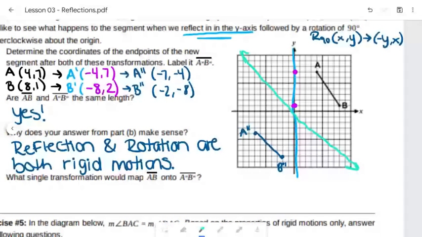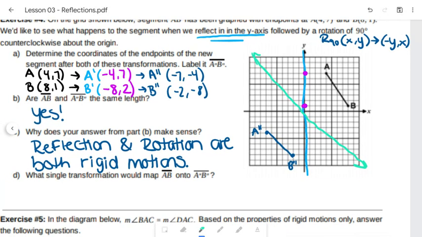It's not calibrating the same way. But that would be a reflection over y equals -x. And we'll look more at that, so you don't have to worry about too many of the specifics of things like that just yet. But that would be our reflection.